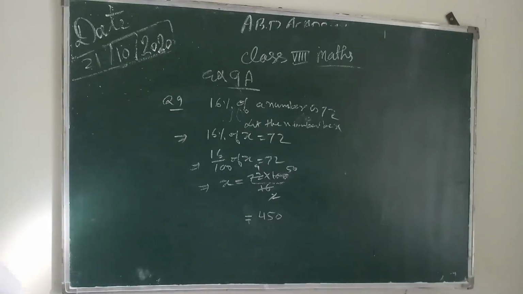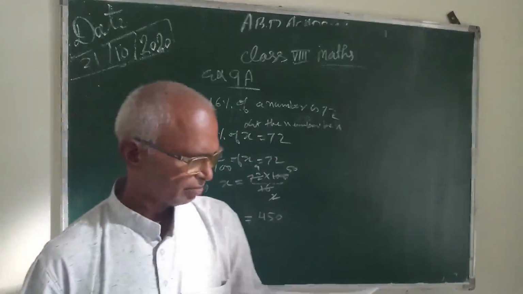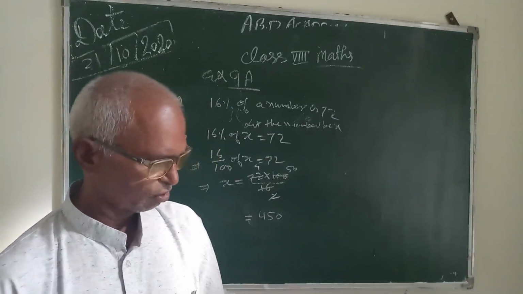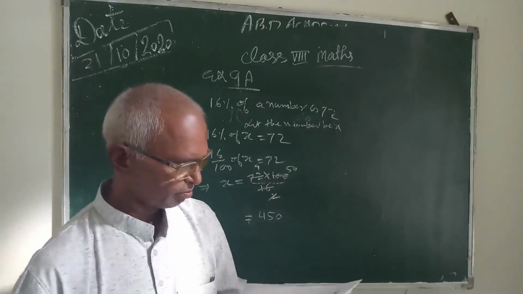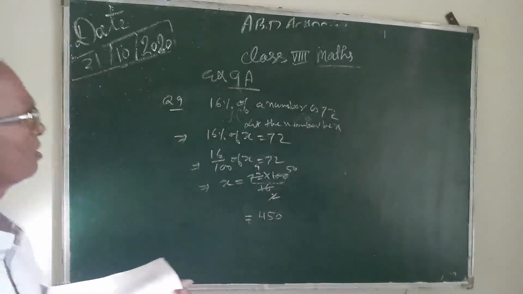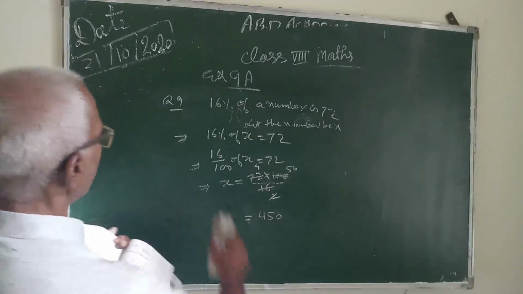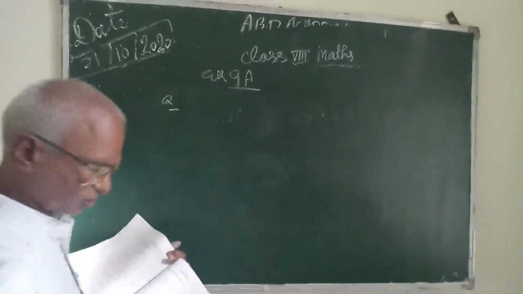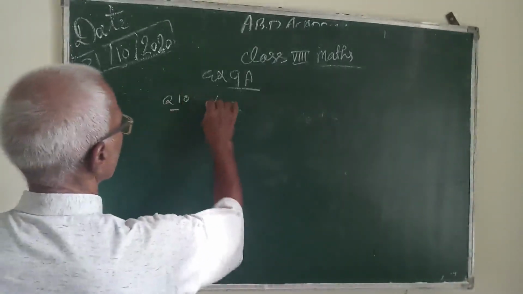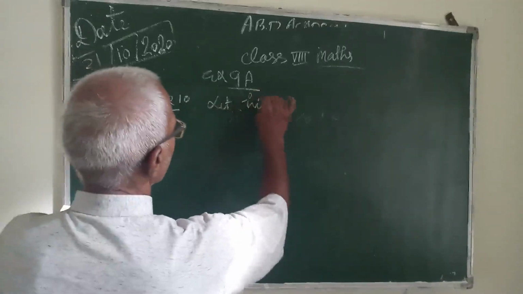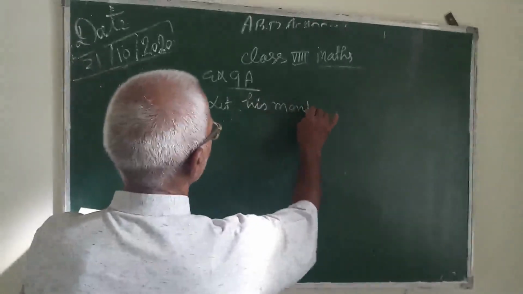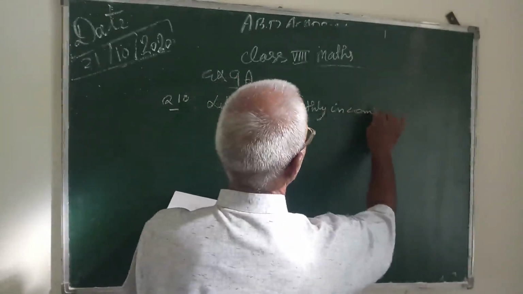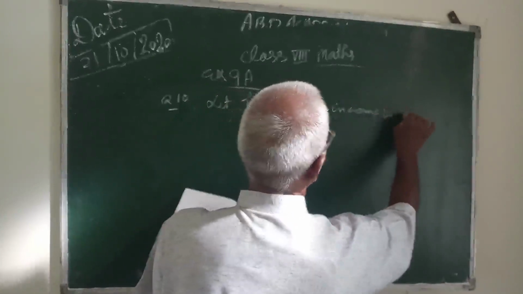Question 10. I am reading only. A man saves 18% of his monthly income. If he saves rupees 3780 per month, what is his monthly income? Here also you will suppose that let his monthly income be rupees x.